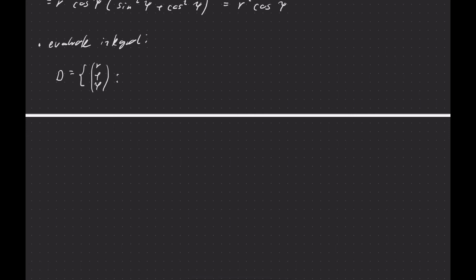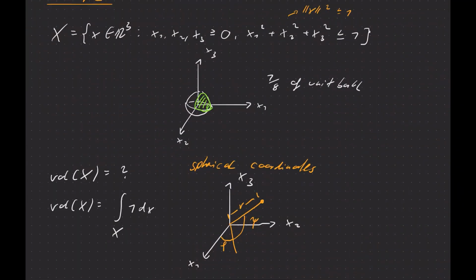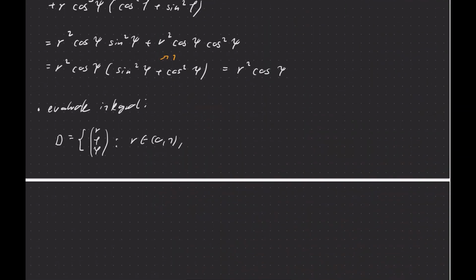So obviously the radius is still between 0 and 1. Phi, what about phi? So we're talking about all angles in this plane here. So that is phi between 0 and pi over 2. And for psi, we're talking about all angles in this region here. So this is psi between 0 and pi over 2 as well.